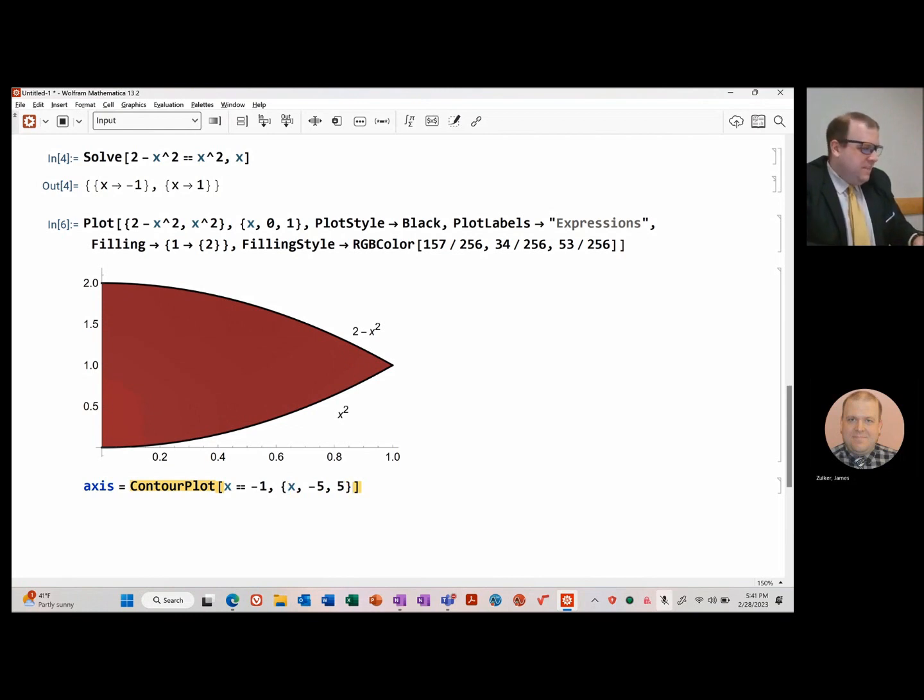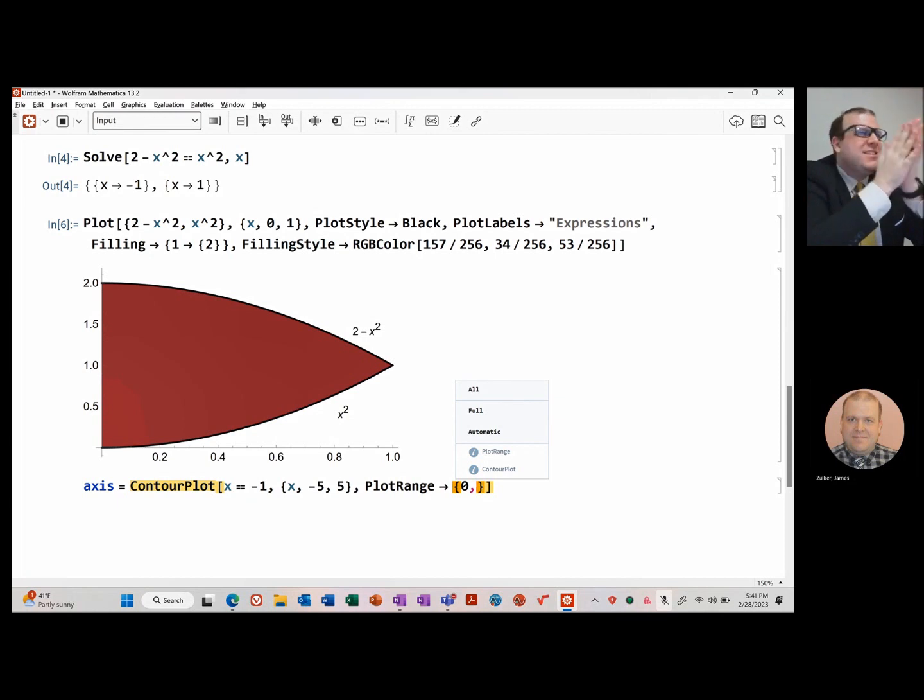That works. I'm only working in the first quadrant for the region, right? So plot range, we're going to go 0 to, I have to go up to at least y equals 16. I actually want to go above that. 20.